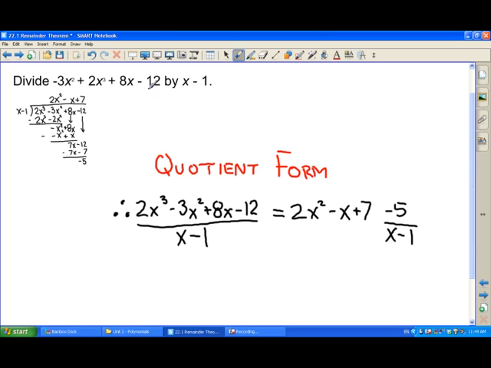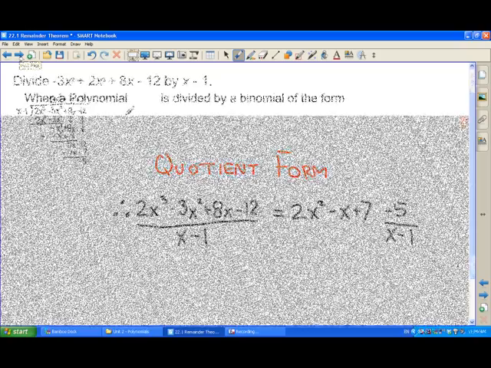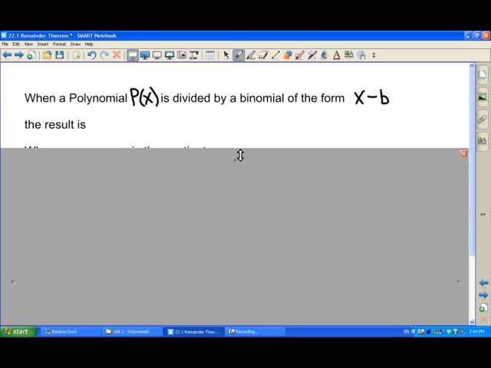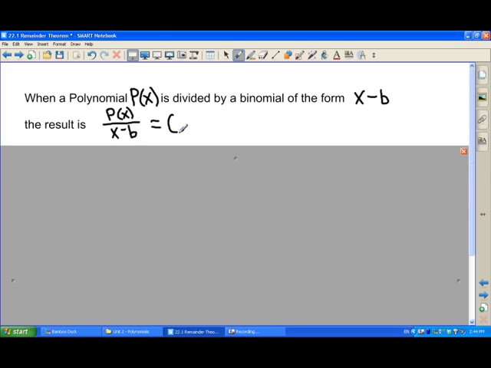Okay, so that's division of a polynomial by a binomial. So when we have a polynomial, and we'll call this polynomial p of x, and we divide it by a binomial that has the form x minus b, the result of this division, the result of p of x divided by x minus b, is equal to q of x, and I'll talk about what that is in a second.